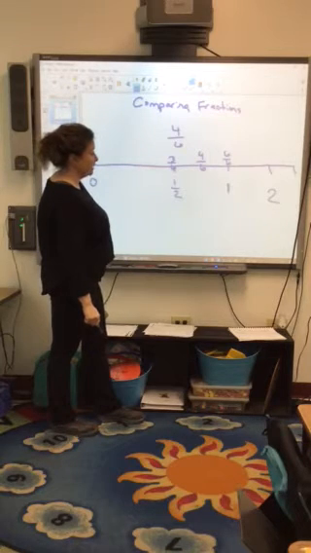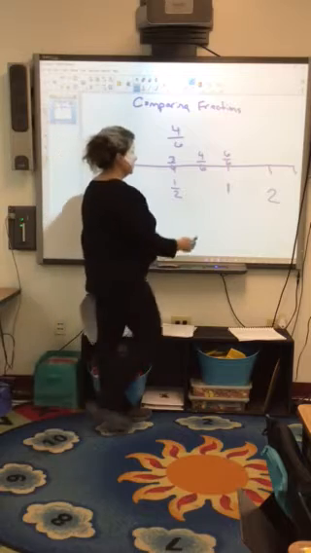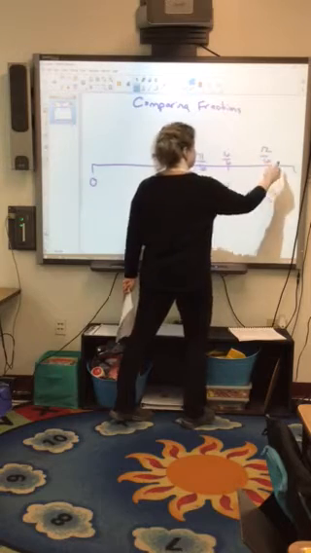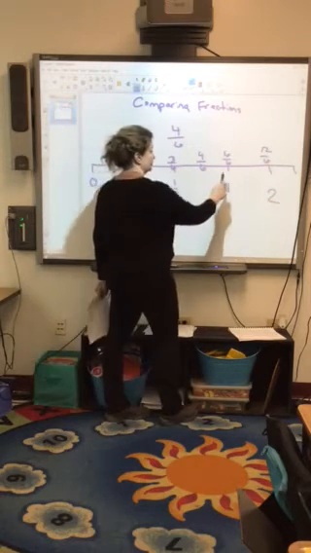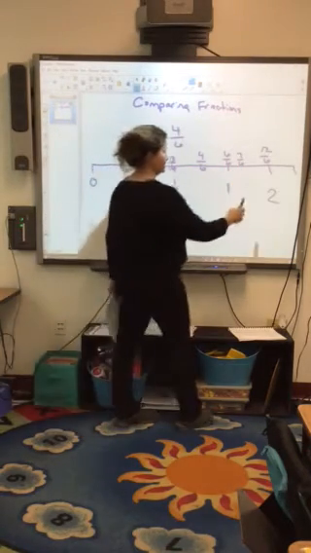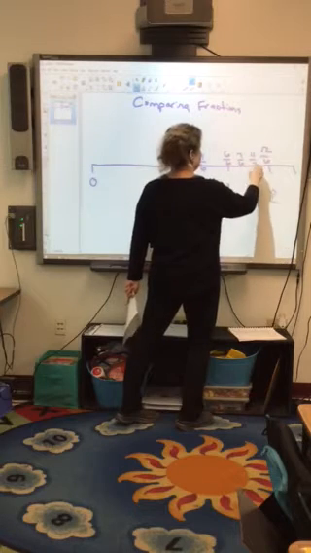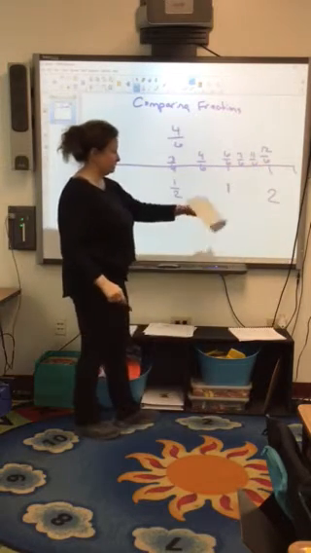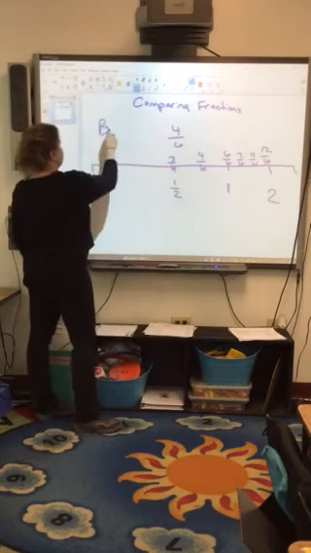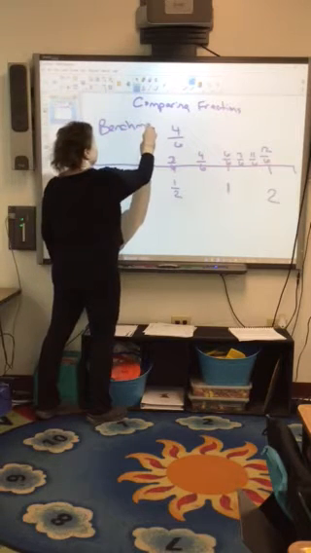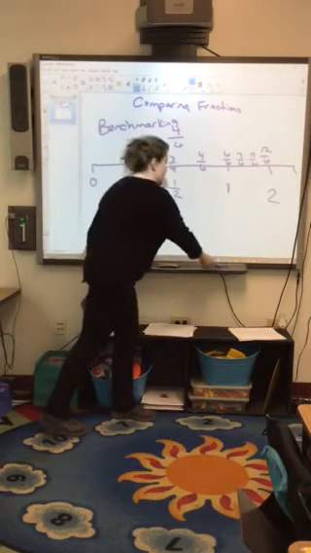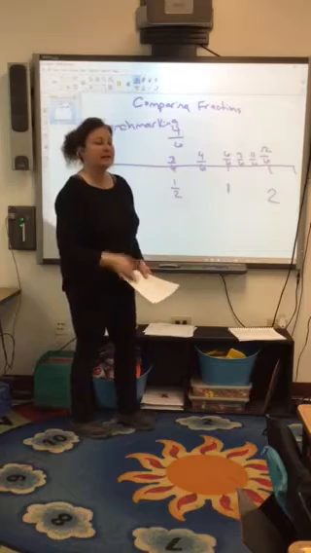Now, if my number was 7/6, that is not 2 wholes because 12/6 would be 2 wholes, and 7/6 would be a little bit more than 1 whole. And 11/6 would almost be 2 wholes. Of course, I would need to stretch it out. But that is how we use benchmarking. Benchmarking to compare fractions. It's a great way to just get your mind to visualize and see those fractions.